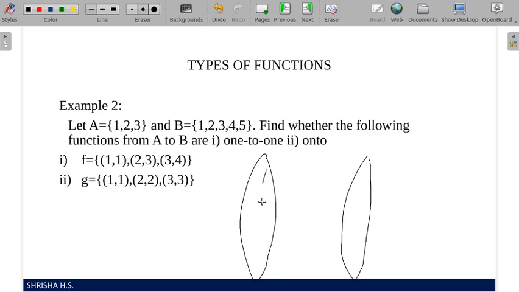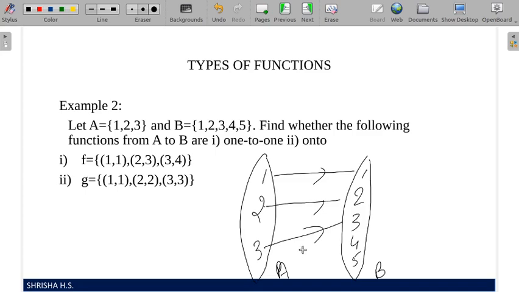So 1, 2, 3, the second one we are solving, and 1, 2, 3, 4 and 5. So 1 to 1, 2 to 2 and 3 to 3. So what can we say here? We can see that 1 to 1, 2 to 2, 3 to 3 is given.